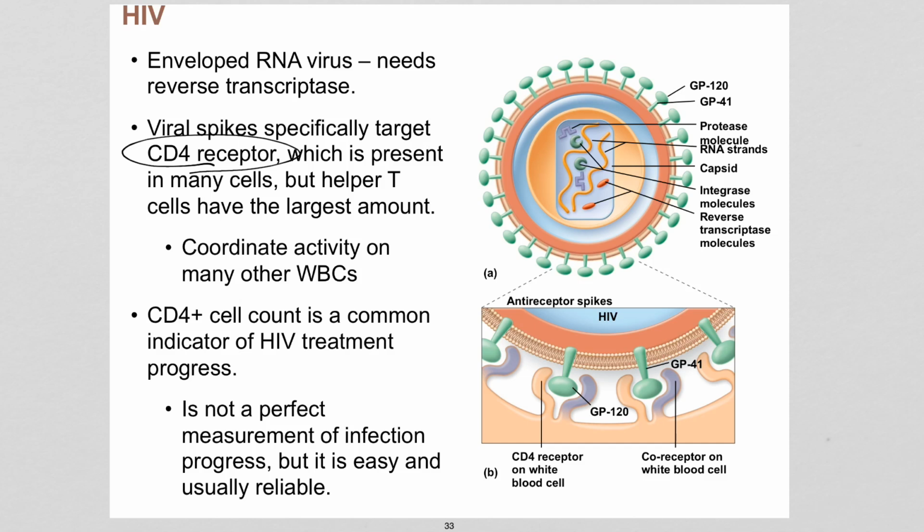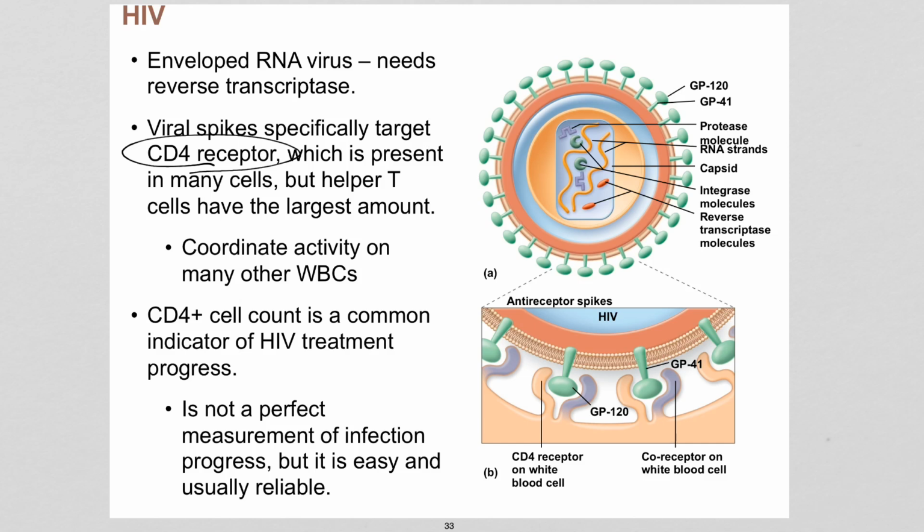There are other proteins that matter, but that's the big one. And the problem with this is, for people, helper T cells are very important in sort of coordinating the activity of the entire immune system. And so if you have a virus that's killing off your T cells, it makes it very, very difficult for your immune system to fend off any other infection.